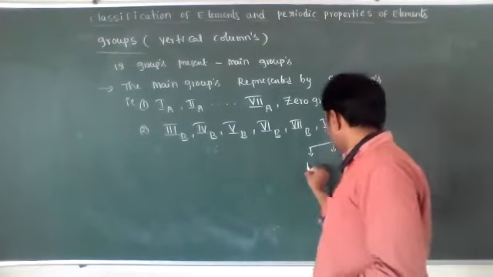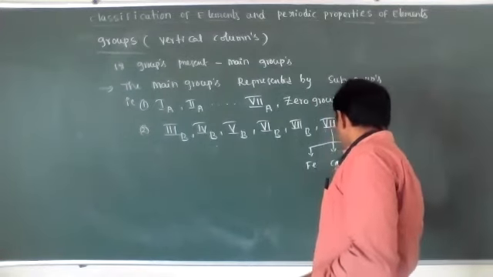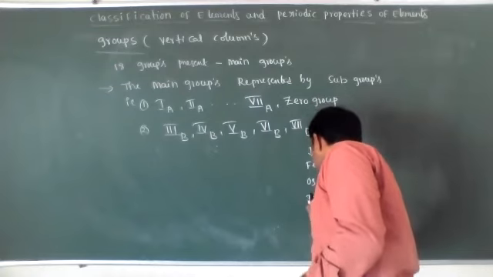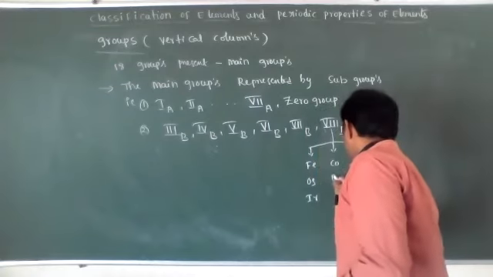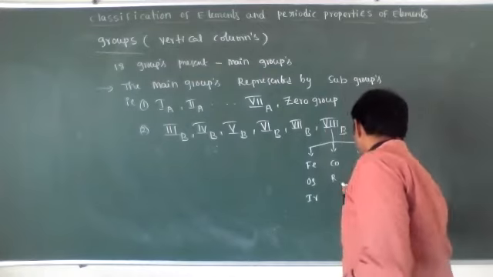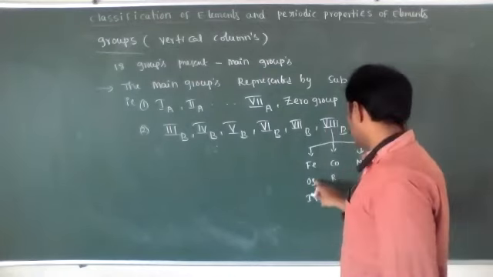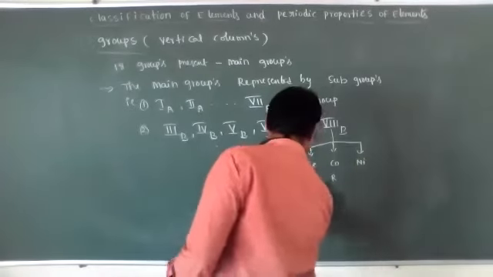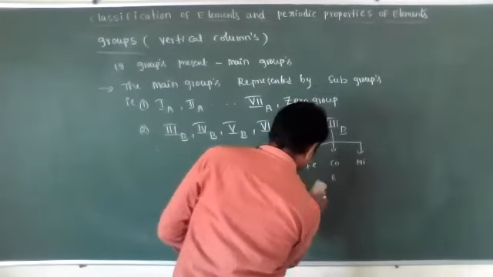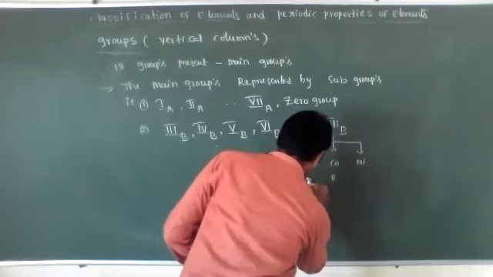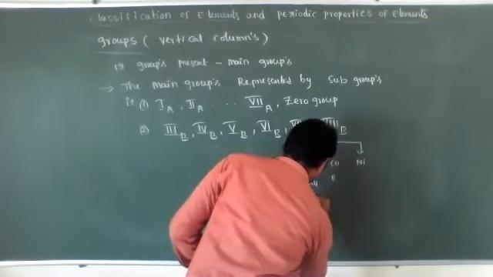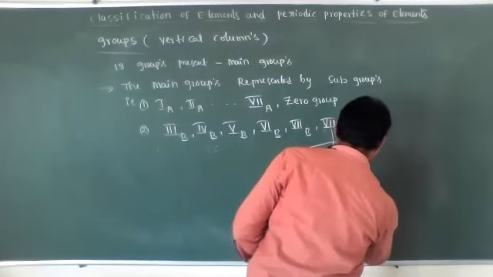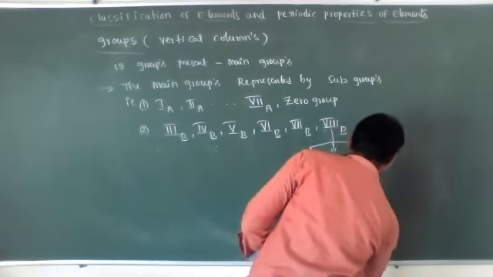Iron, cobalt, nickel; iron, ruthenium, osmium; cobalt, rhodium, iridium; nickel, palladium, platinum.